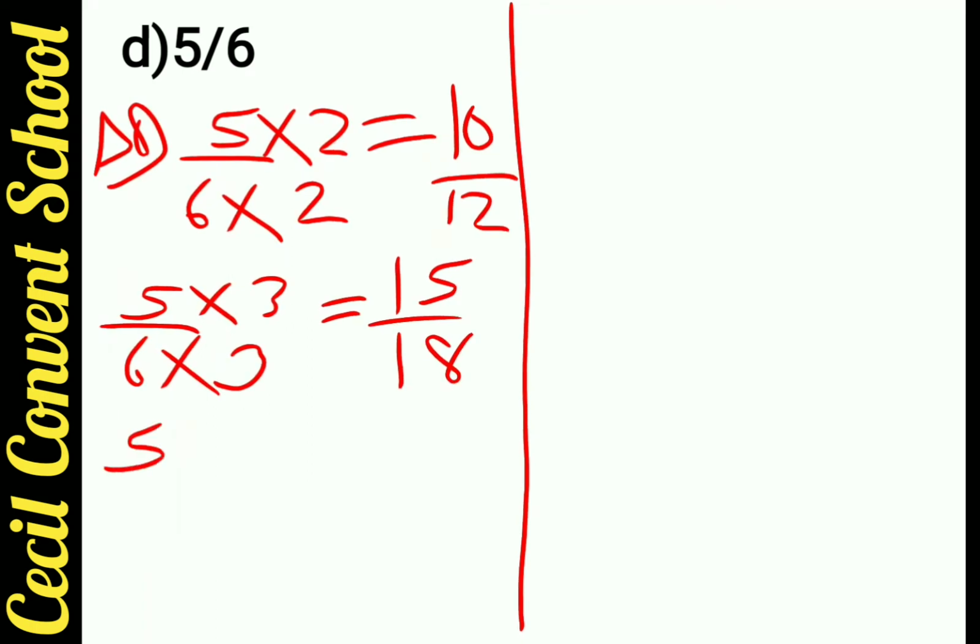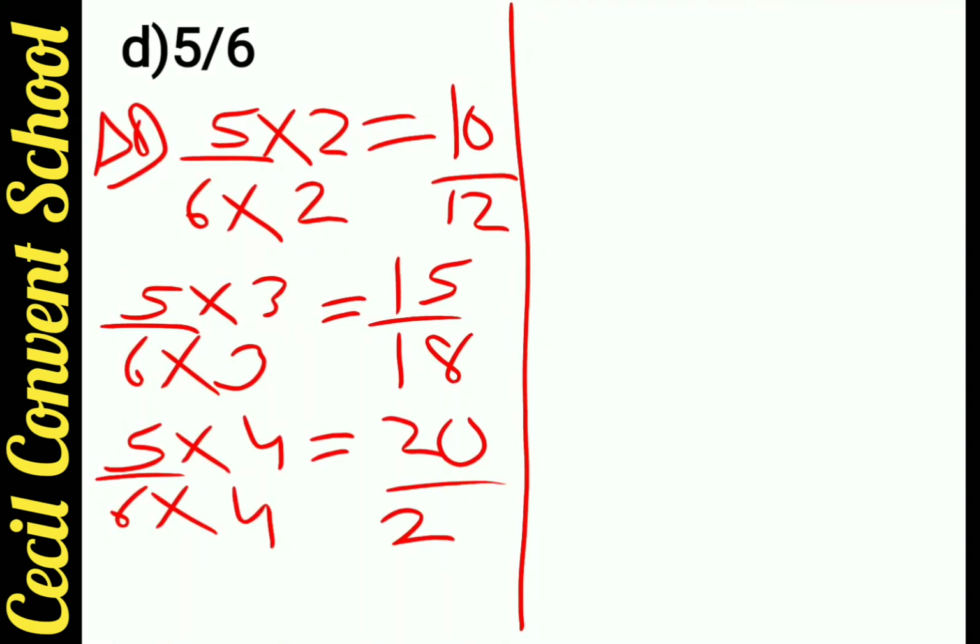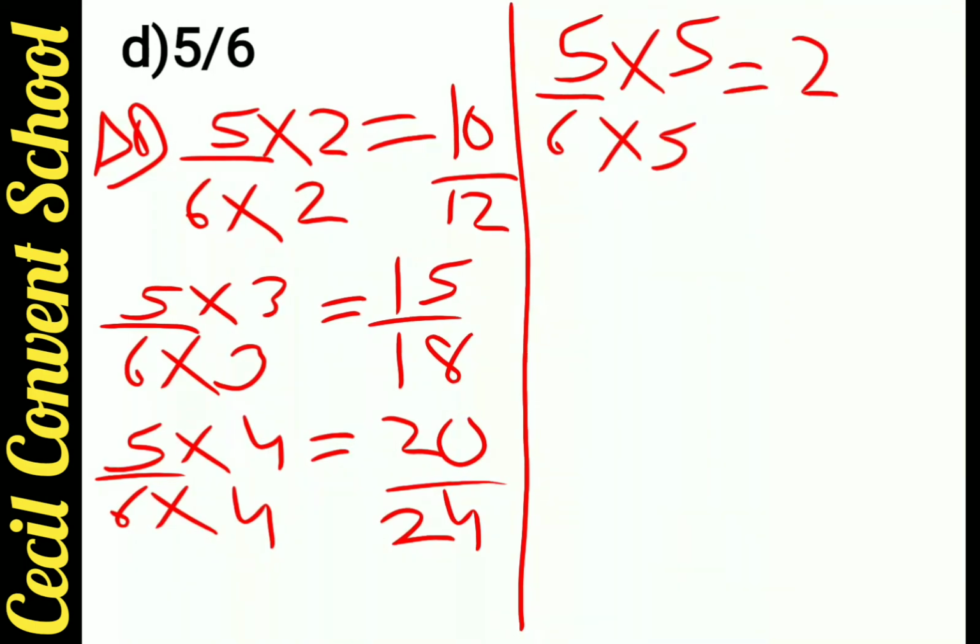Then 5 by 6 multiply by 4. Answer comes 20 upon 24. Then 5 by 6 multiply by 5. So the answer comes 25 upon 30.